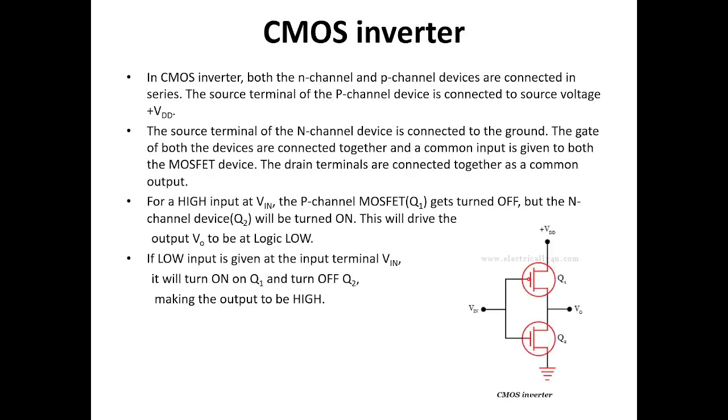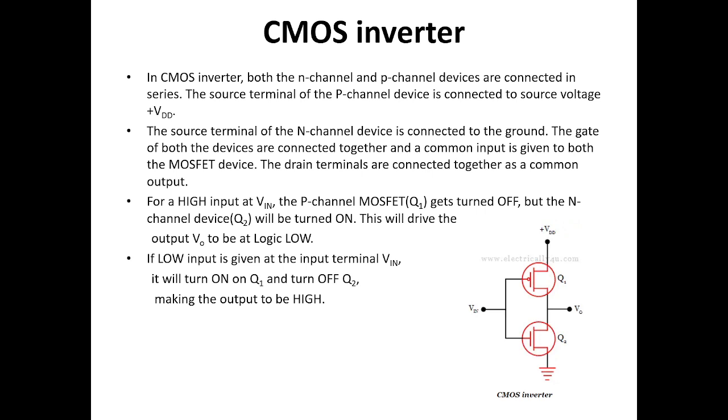Here also we are going to discuss the CMOS inverter, CMOS NAND and CMOS NOR. First we will see the CMOS inverter. In a CMOS inverter, both the N-channel and P-channel devices are connected in series. The source terminal of the P-channel device is connected to the source voltage plus VDD.